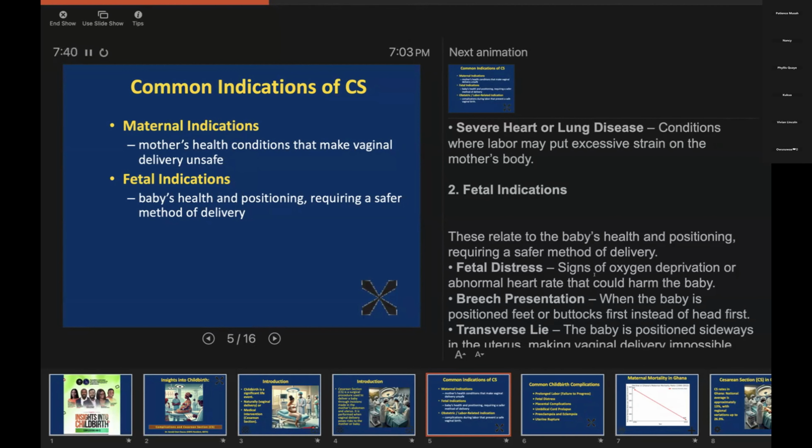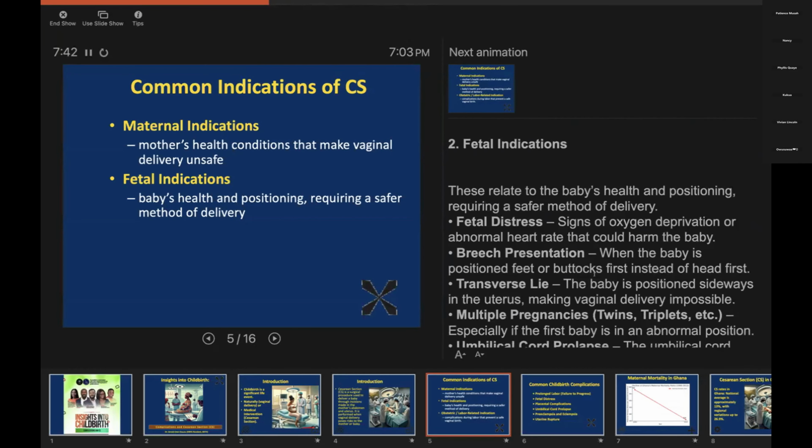not beating well. If the baby's position, just as I said, in normal vaginal labor, the baby's head is supposed to come first. But assuming this time the buttocks or the legs are coming first, that's the breech presentation. In certain instances where we have a well-experienced midwife or obstetrician, and the baby's weight and everything is fine, we'll try and deliver this baby who is coming with the buttocks through the vaginal route.